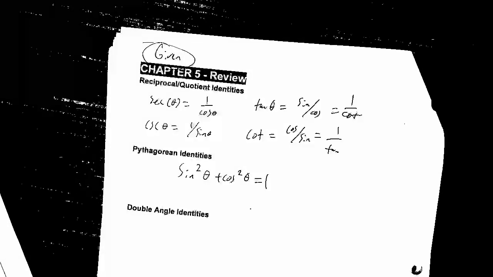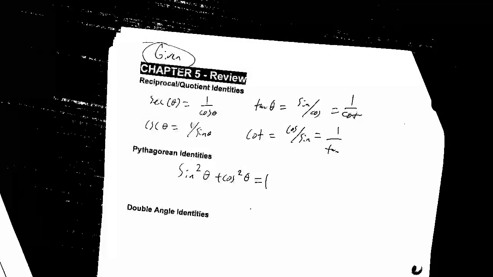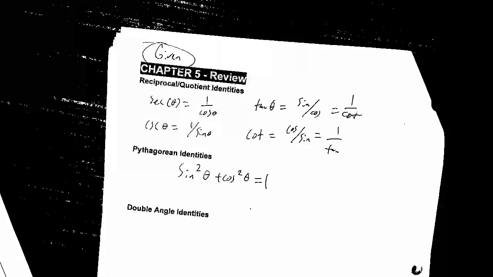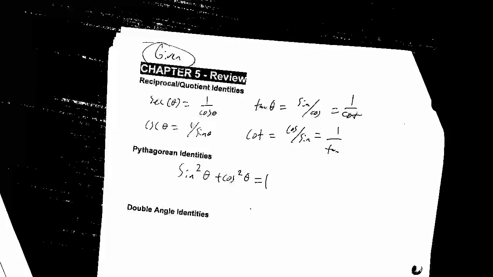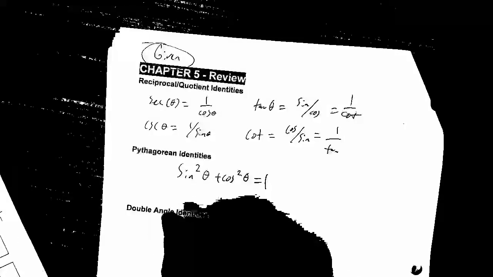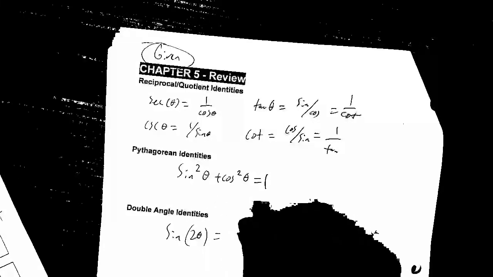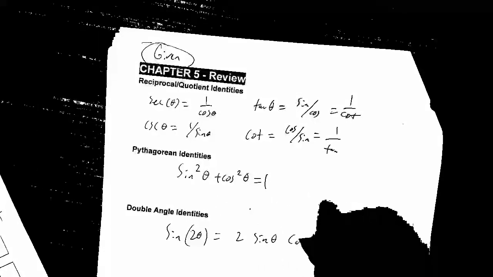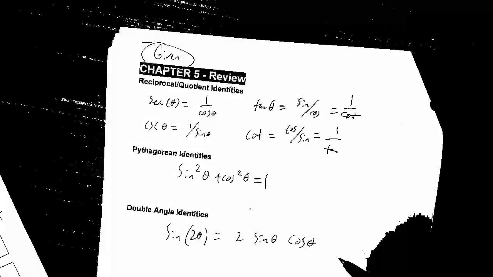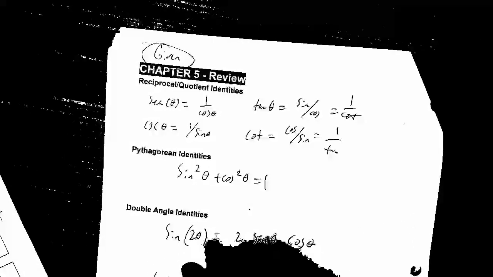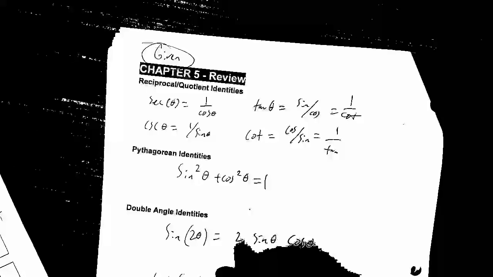The double angle identities. Okay, these are important. We have the sine 2 theta equals 2 sine theta cosine theta. There's only 1. But then we have cosine 2 theta, and that has 3 options.